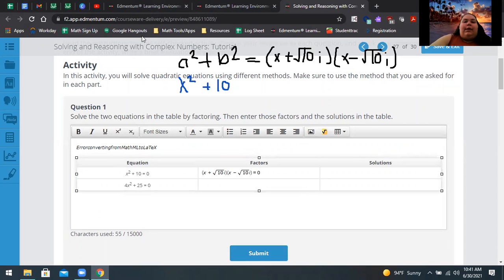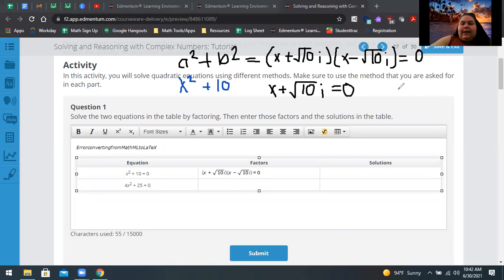So now that we know it is equal to 0, we're going to separate each factor. So I'm going to take the first one, which is x plus the square root of 10i is equal to 0. Then I'm going to take my second factor and have x minus square root 10i equal to 0.